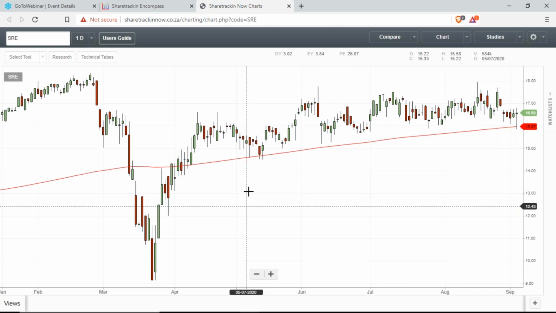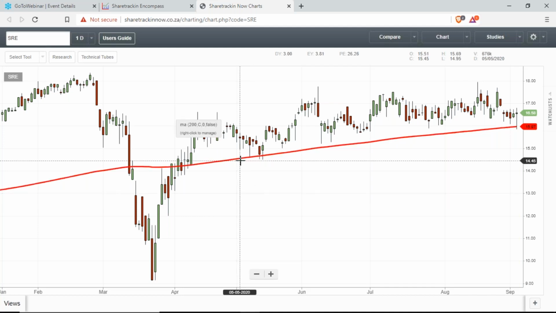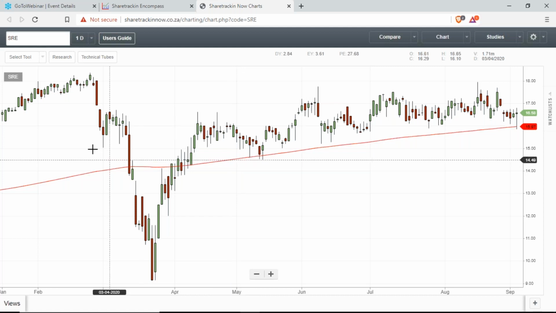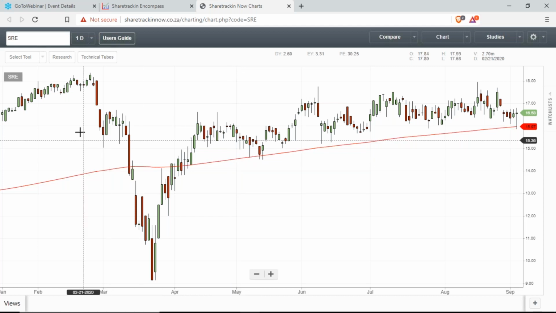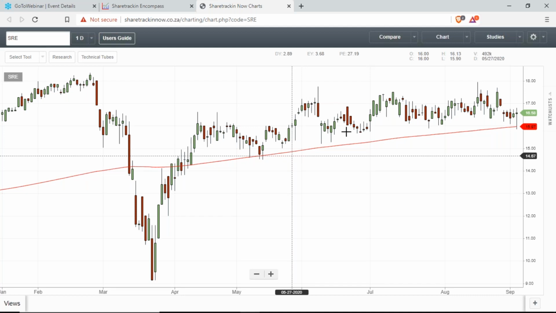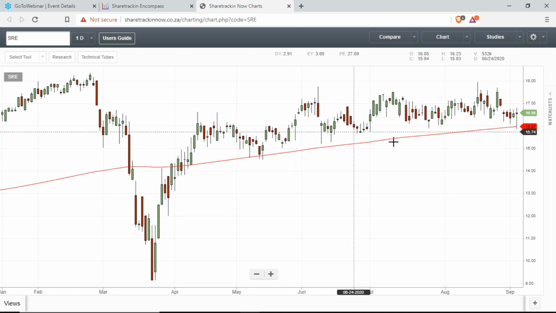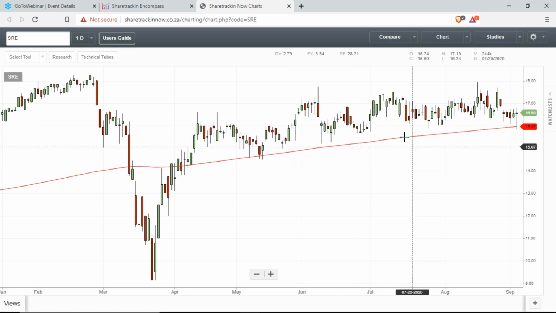First of all, let's first talk about the moving average. The period I changed to 200 for a reason: the longer your period, the smoother your indication is of where the share is going. If I put in a 50-day moving average, it would follow the share more closely. So 200 is more or less a trading year's data, and that is the reason for the 200.